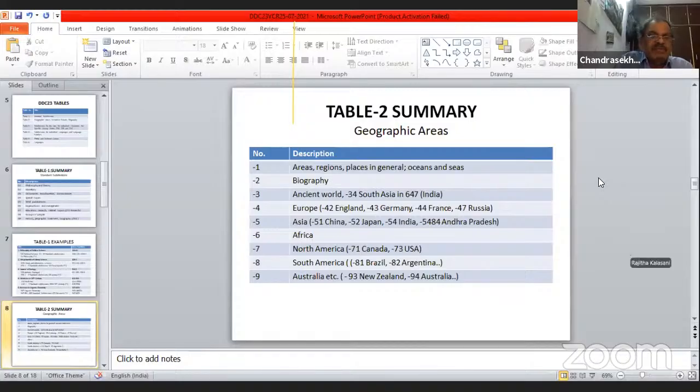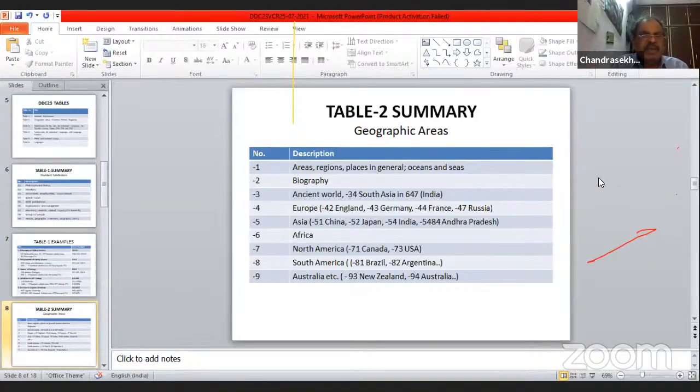Then 2 is biography, 3 ancient world, 3 for South Asia, up to 647 AD. So after Christ, year 647, up to that one we take the ancient period. Then after 647 we take the AD, the modern period.